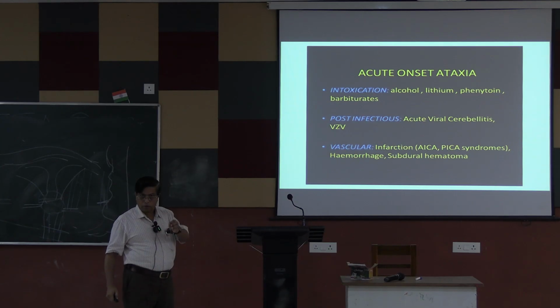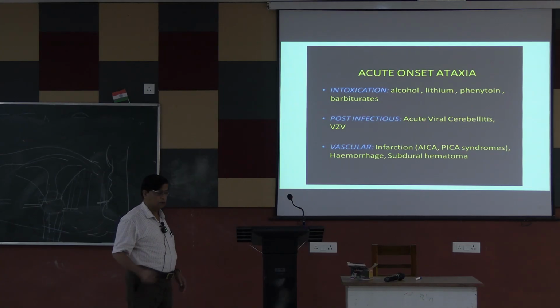You know that this drug is used for convulsion and for epilepsy, convulsive diseases. Phenytoin toxicity, phenytoin overdose can cause this type of ataxia. You have to stop this drug. Barbiturates also. Post-infection like acute viral cerebellitis, varicella zoster virus. After viral infection, cerebellum may be infected and that may cause this type of acute ataxia.